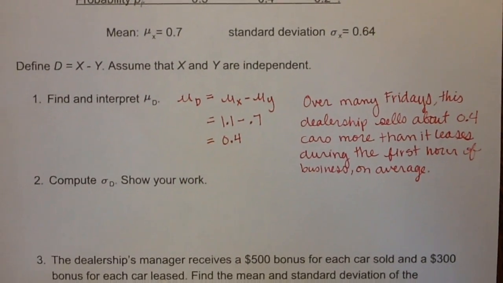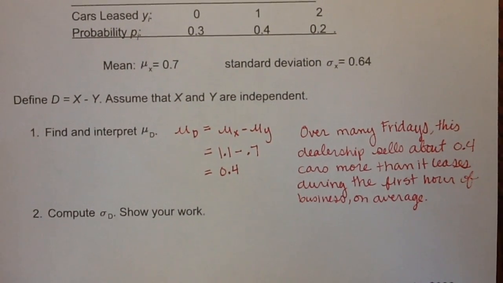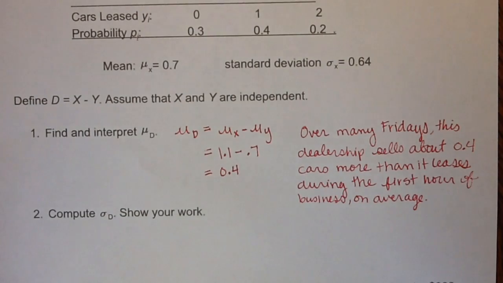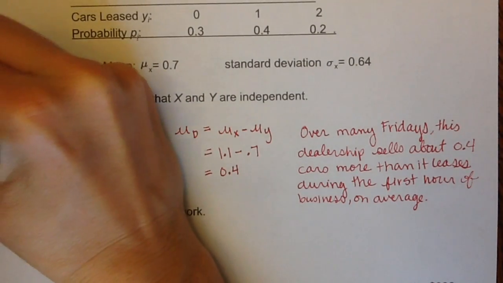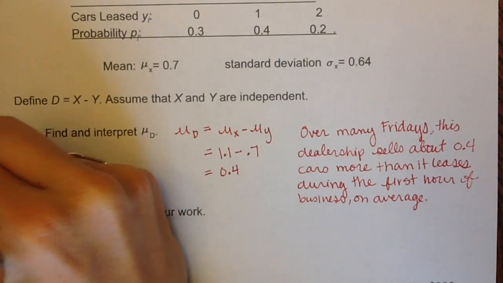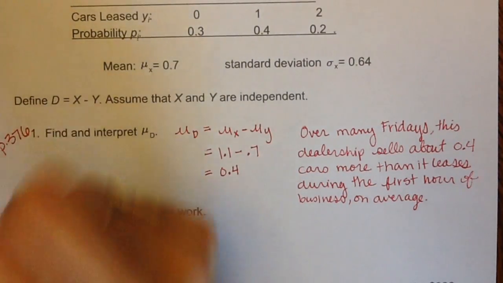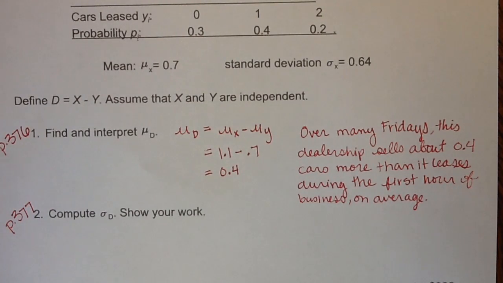Then going on to number 2, it says to compute the standard deviation of D and show your work. Again, to look for the formula, it's on page 377. Again, you're going to look at that yellow box. There's a blue header that says variance of the difference of random variables.